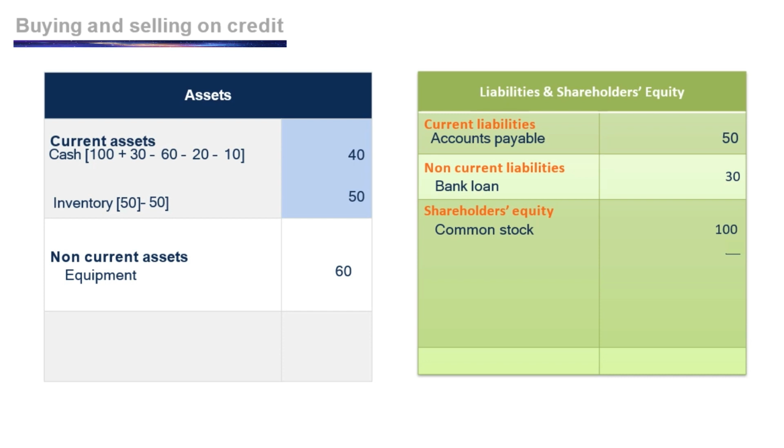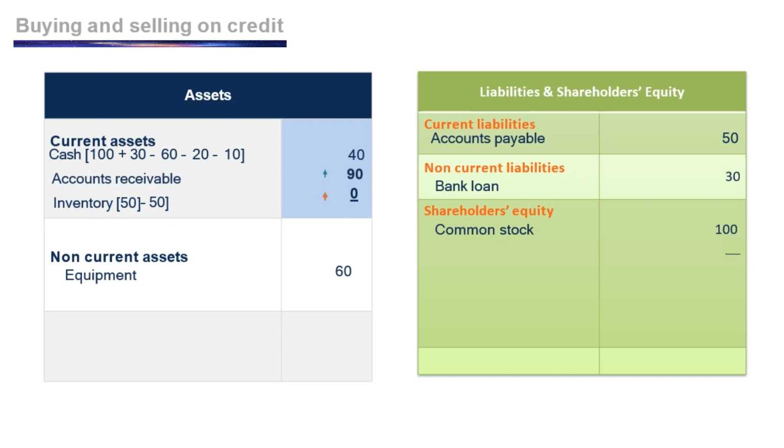However, when you sell all this inventory on credit, once again, the cash is not affected because you're not receiving any cash. However, our inventory has reduced from 50 to 0, because we are selling it all off for 90. Our money is held up with our customer who opted to pay at a later date, which gives rise to amounts owed by the customer to us, which is accounts receivable of 90.